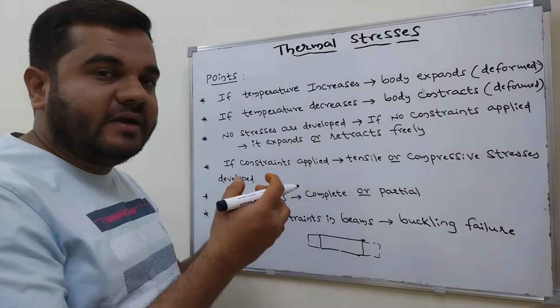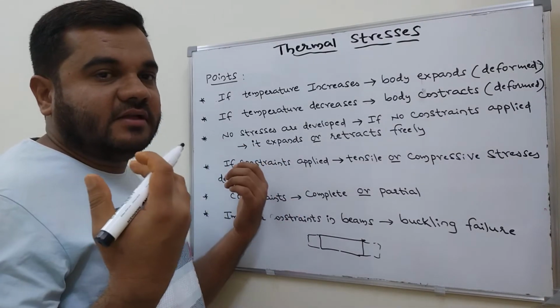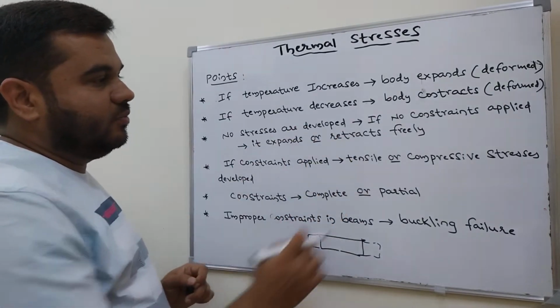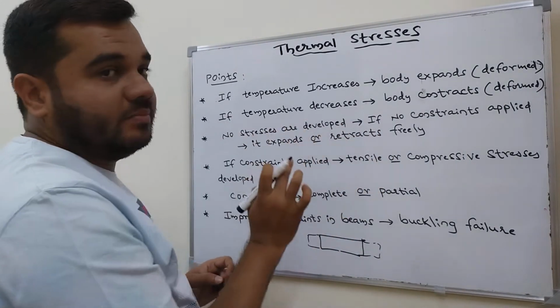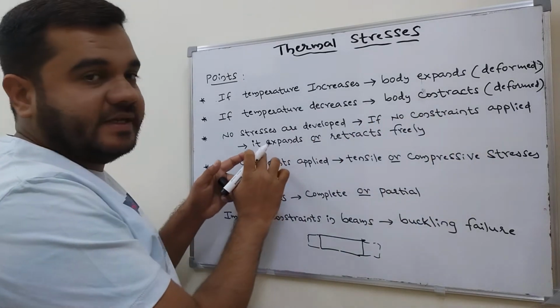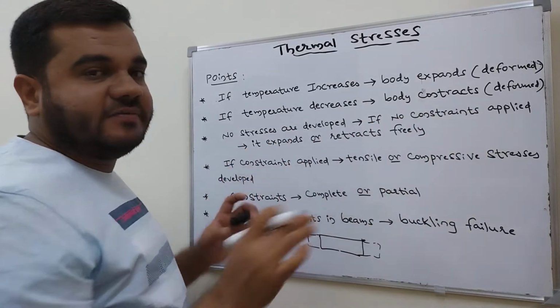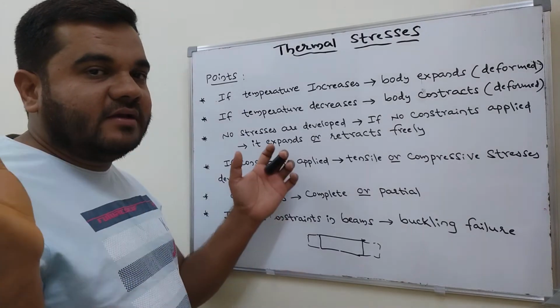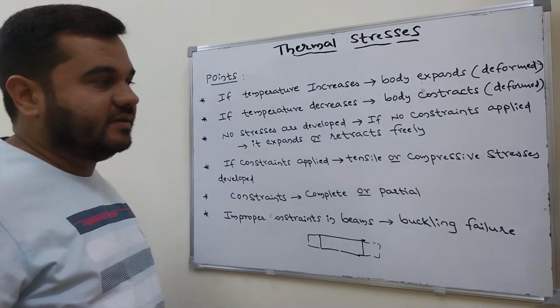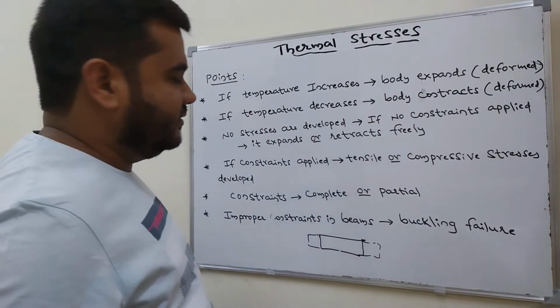The body will expand freely if you do not apply any constraints. There are no stresses inside the body if no constraints are applied, that is, it expands or retracts freely.